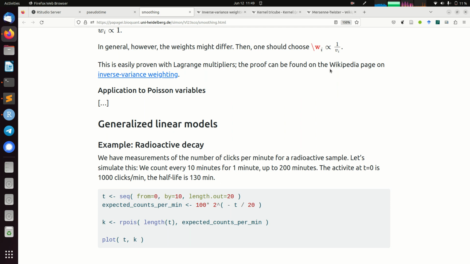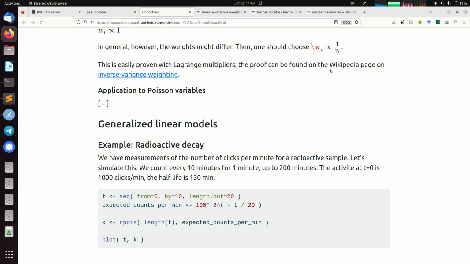And an effect of this is if we were to smooth our counts, we should now use this logic and do a Poisson smooth.